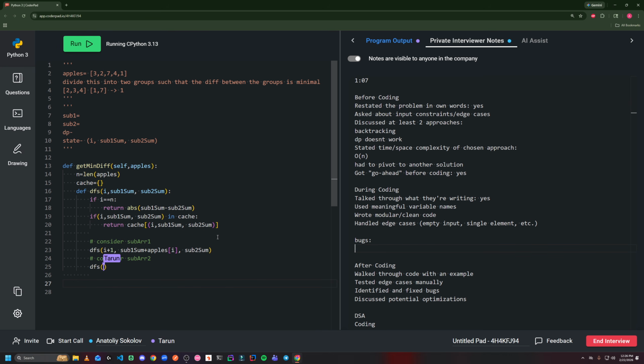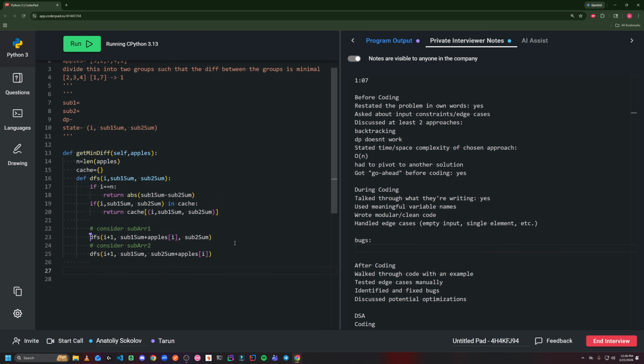Or else I can do I plus 1, and now I'm going to append into subarray 2, so here I'm going to add the current apple to subarray 2 sum. So here we got two options, which is adding the current apple into the first subarray or adding into the second subarray.